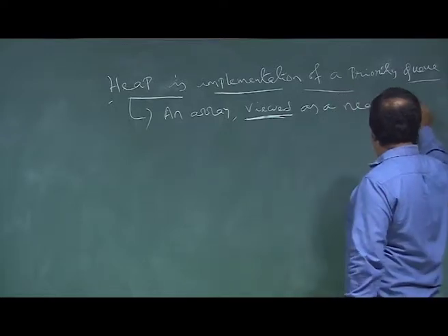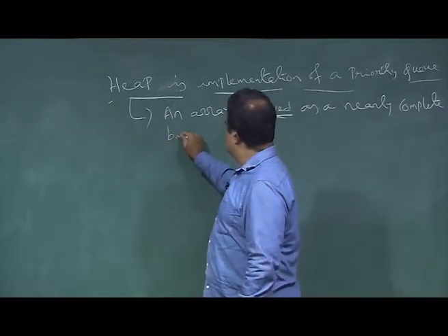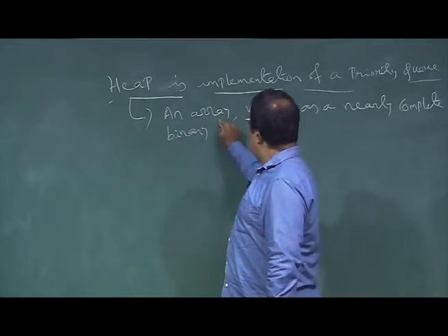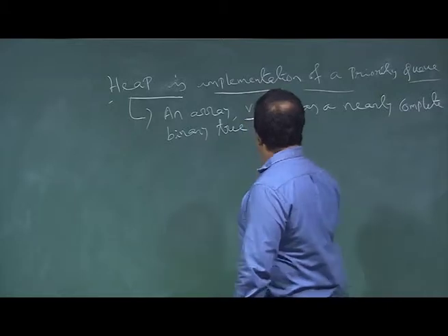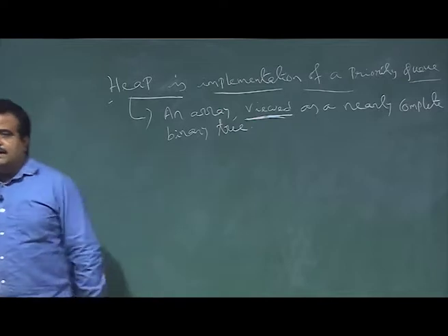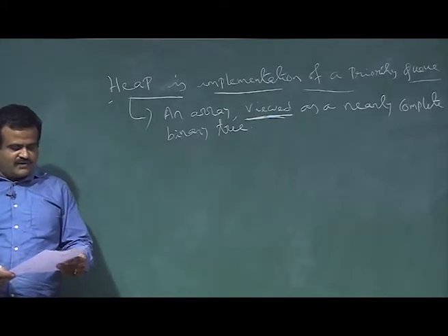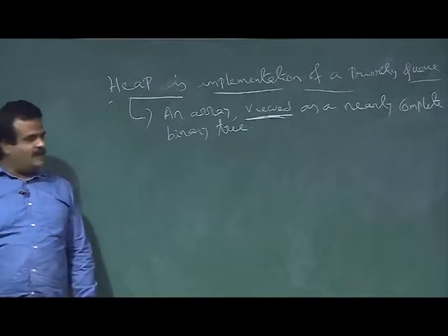How? We will explain. So, basically it is an array, but we are viewing this array as a binary tree. How can we view an array as a binary tree? That we have to explain.